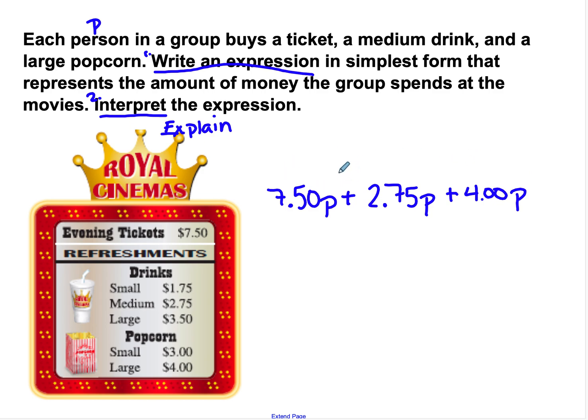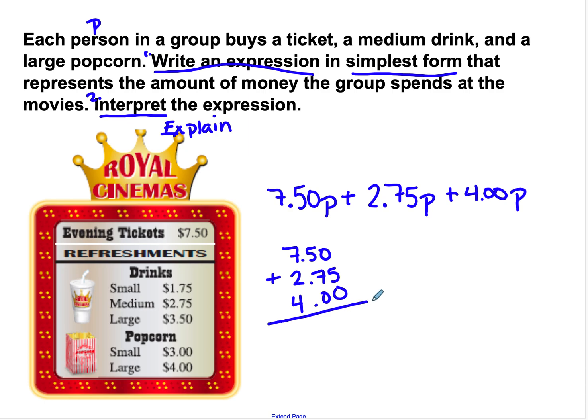All right, so now we need to do simplest form because it didn't just say write an expression. It did say that we need to do simplest form, which means combine the like terms. I've got some decimals, so I'm going to rewrite the number part. And I'm going to go ahead and just do all three numbers at once.